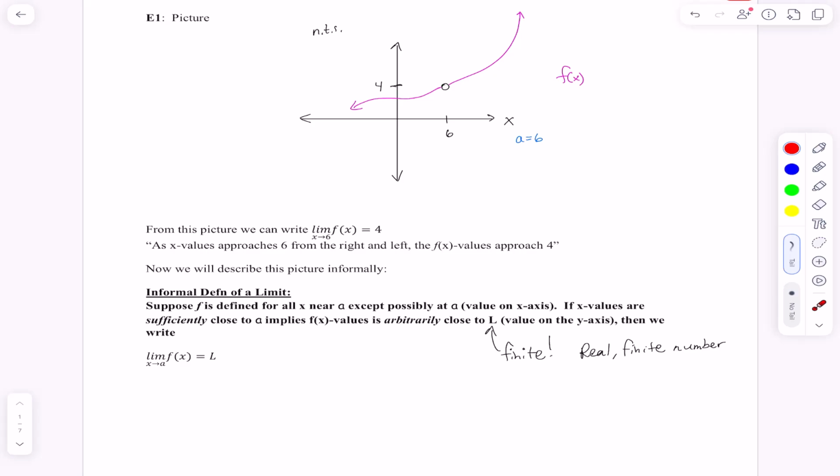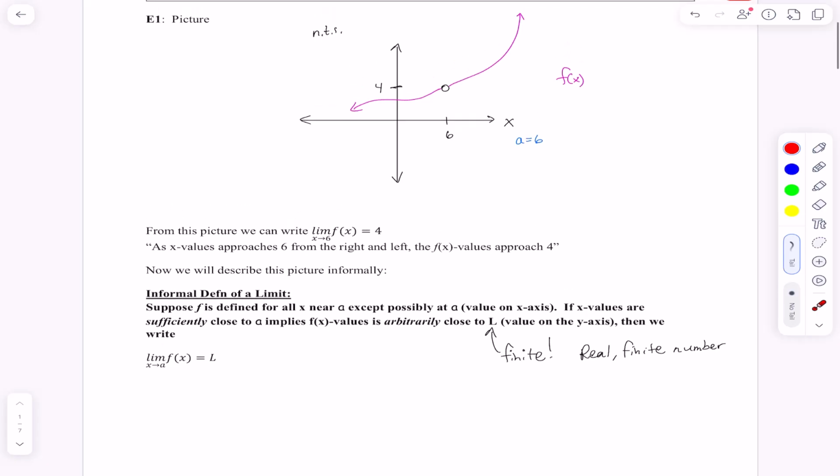Now notice 4 is not in the range of the function, yet we could say the limit as x approaches 6 from both sides, the corresponding outputs, are approaching the number 4, even though 4 is not in the range of the function.